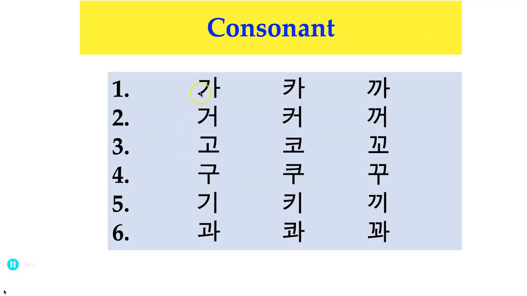Now let's read each sound. Ka, ka, ka. Number 2, ko, ko, ko. Number 3, ko, ko, go. Number 4, ku, ku, 구.